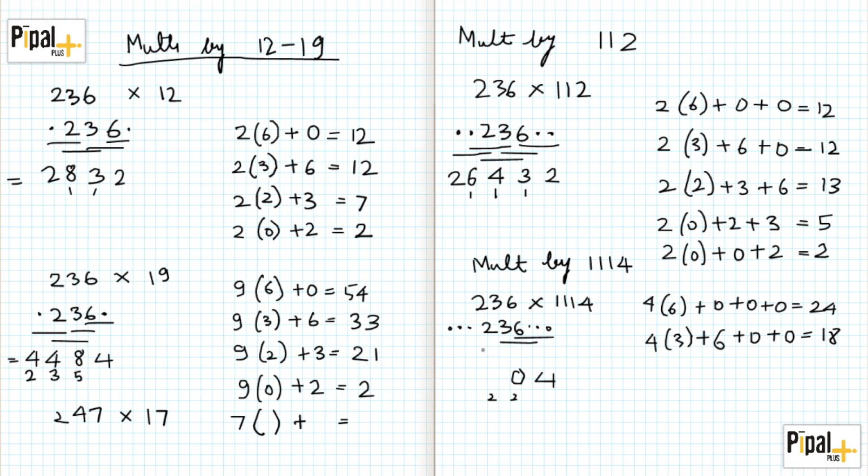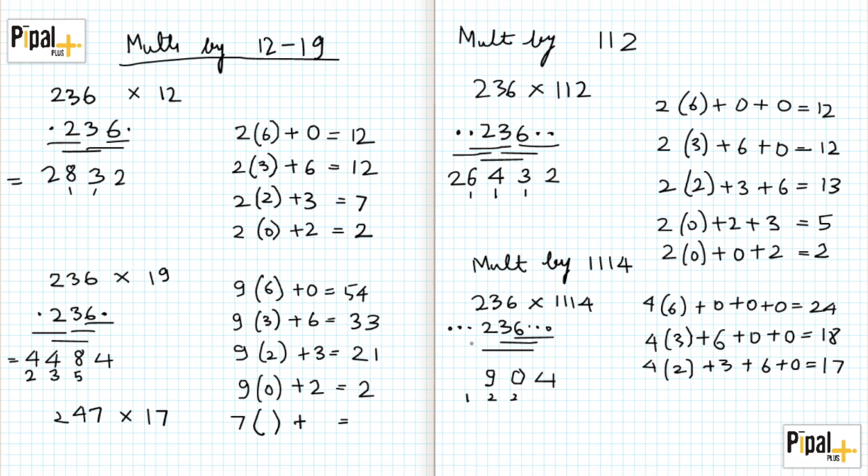The next computation is 2, 3, 6, 0, the next set, right? So 4 times 2 plus 3 plus 6 plus 0. This gives me 8, and 3, 11, and 6, 17, which I bring here, but there's 2 waiting, carried from the previous computation, so it becomes 19. I write 9, carry 1 over, right?